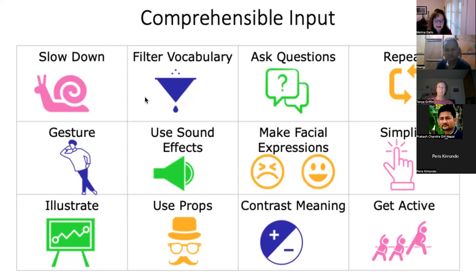Another technique is to contrast meaning using opposites. So whenever you teach something that has an opposite, we try to introduce the opposites together. So if we're learning things like big and small, or tall and short, or black and white, dark and light, heavy and light, we can show how they contrast with another meaning.